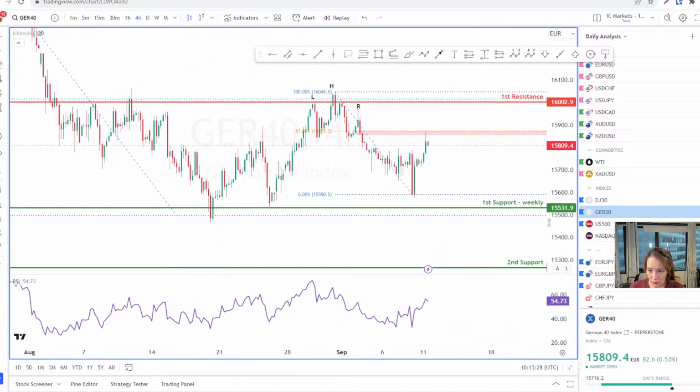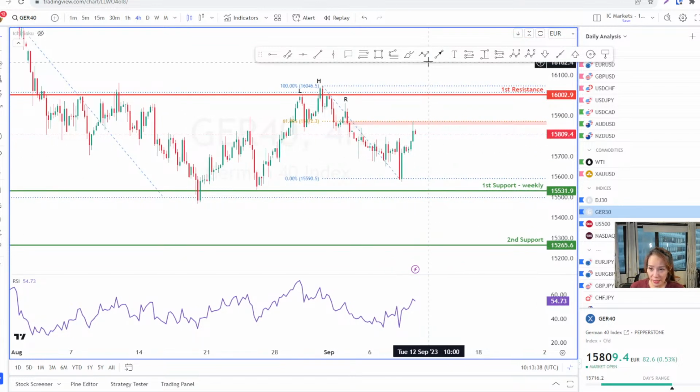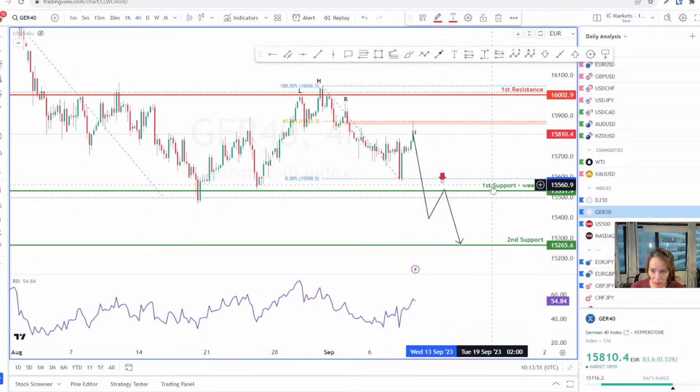So potentially they come down here. Let's say if they break, if you don't have any position, that is fine. Let's say if they break the first support, you wait for price to pull back, and then you sell here. Once it breaks below the first support, which is weekly as well, you wait for price to pull back, and then you sell here.